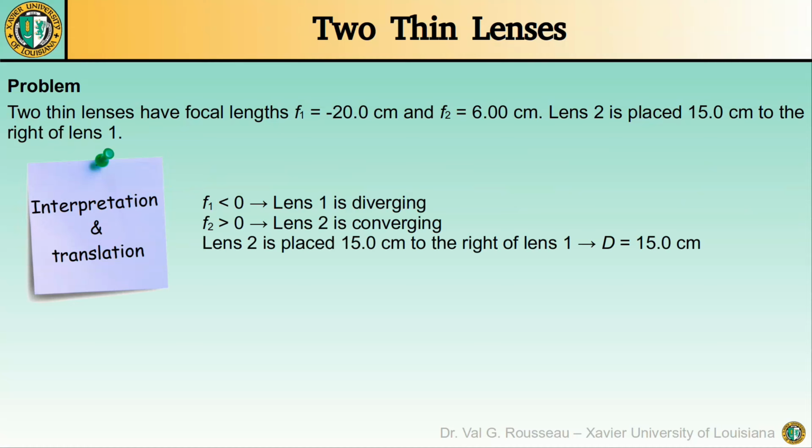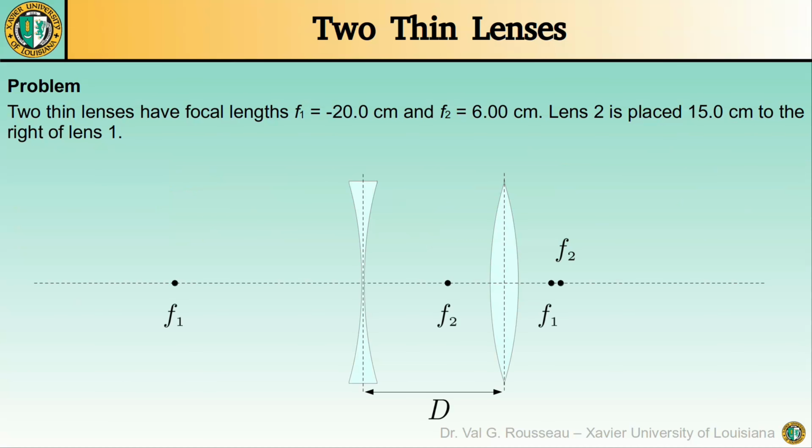The fact that the first focal length is negative means that the first lens is a diverging one, while the second focal length being positive means that the second lens is a converging one. Also, the second lens being placed 15 centimeters to the right of the first one implies that the distance between the lenses is 15 centimeters. Here is a representation to scale of the situation.